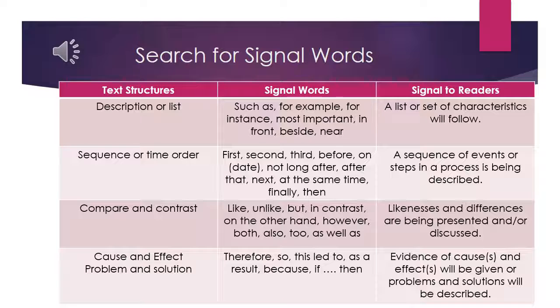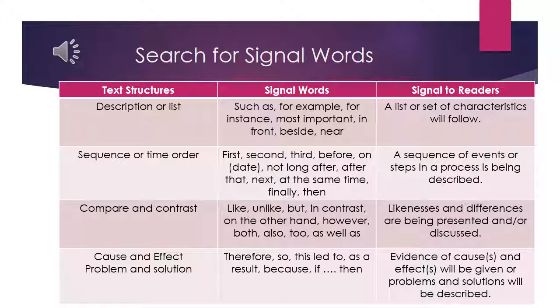To identify what type of text structure you're reading, it's always important to search for the signal words. For the text structure description, the signal words you will look for are such as, for example, for instance, most important, in front, besides, and near.